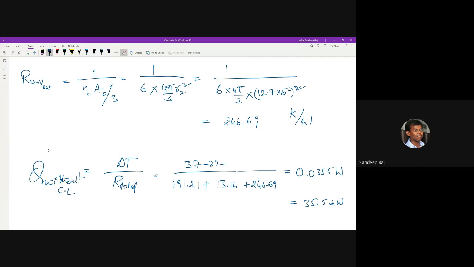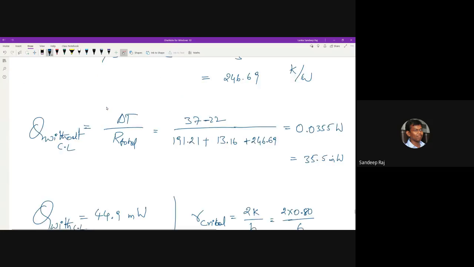Somebody was asking me in the beginning classes what is the use of the spherical coordinate system and what is the use of the sphere, and all these questions they have asked me. This is one particular use of the spherical coordinate system. I hope it's clear. If you have any questions, please do ask, or otherwise, let's move to the next question.